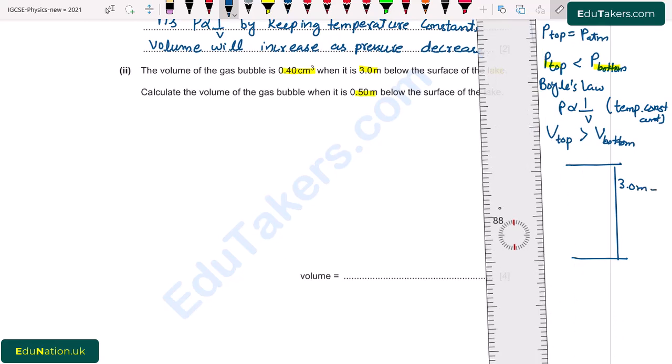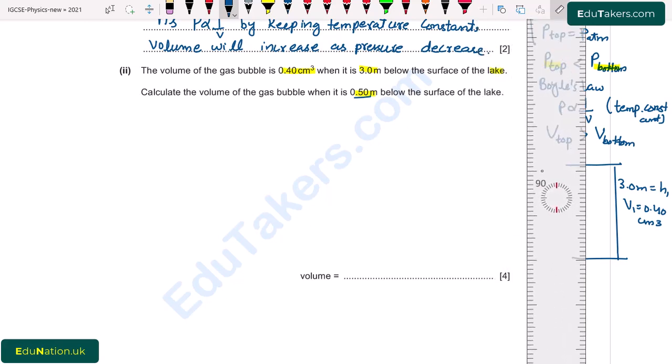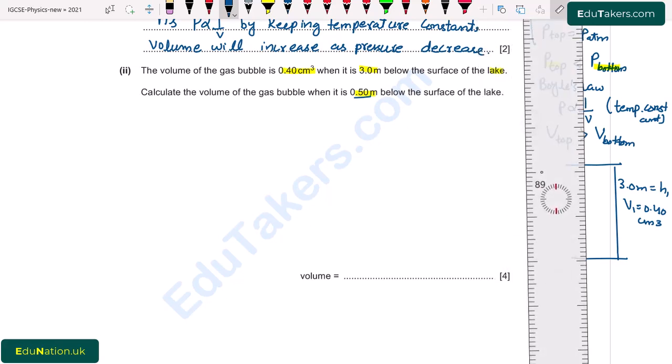I consider it H1, and at that height the volume is 0.40 centimeter cube. So at a height 0.50 meter below the surface of the lake, we have to calculate the volume. Now I consider the second level, that is 0.50 meters.